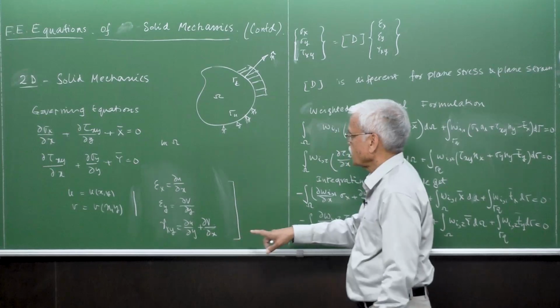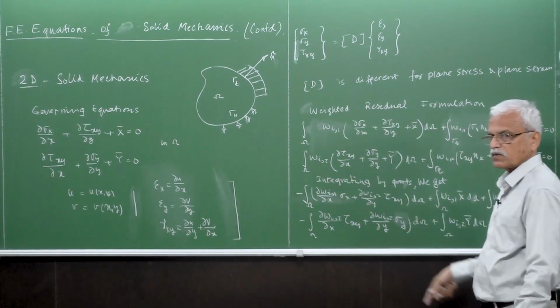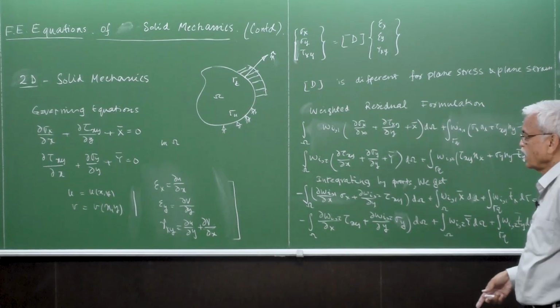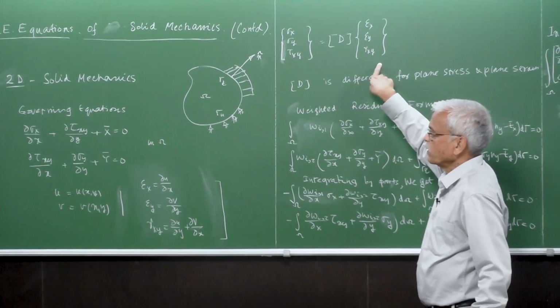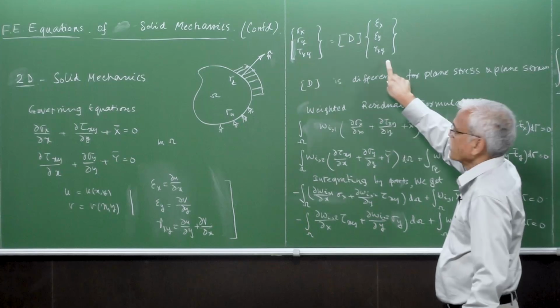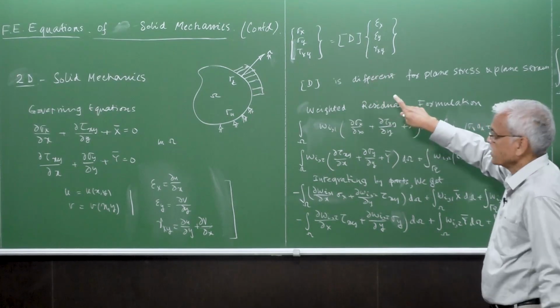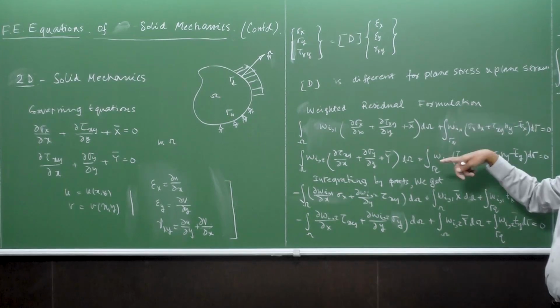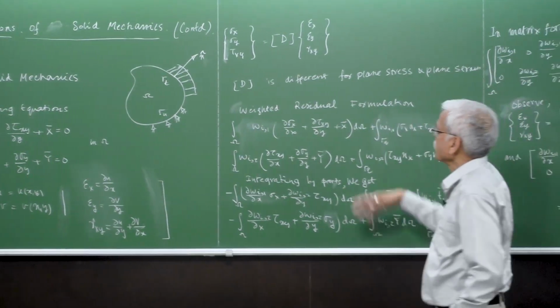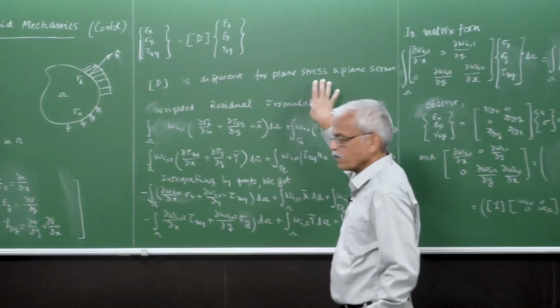So there are three strain components. I'm just trying to recapitulate quickly what we discussed. The stress and strain constitutive equations depend on the material, and obviously D has the same 3 by 3 size, but it will be different from plane stress to plane strain.